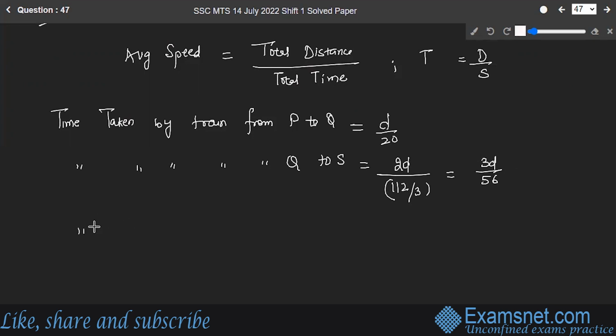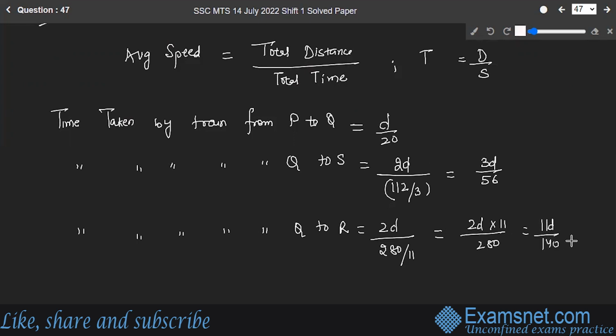Now time taken by train from Q to R. Again the same thing, total distance upon average speed. Average speed in this case was 280 upon 11. Correct? So you will have 2D multiply 11 upon 280. This gives you 11D upon 140.